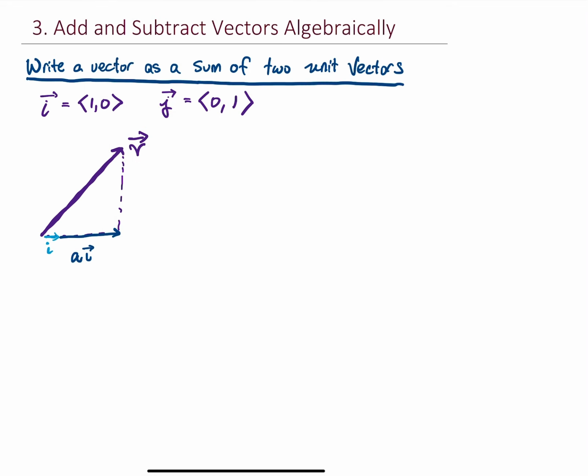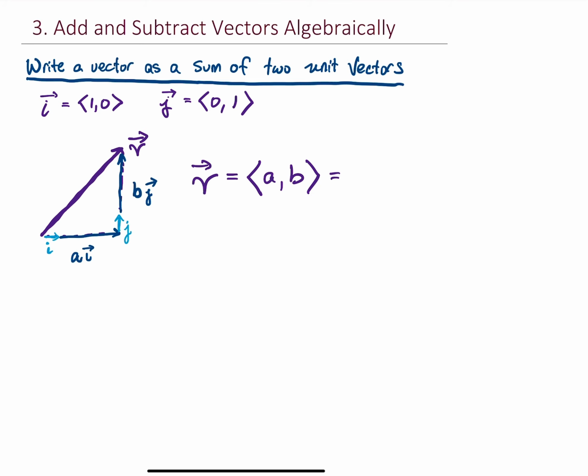And j just goes 1 unit in the vertical direction. So that means this whole distance would be b times the vector j. And then if we add these two vectors together, we will get our original vector v. So we can get another way to describe a vector as the sum of two vectors. In component form, it's a, b.